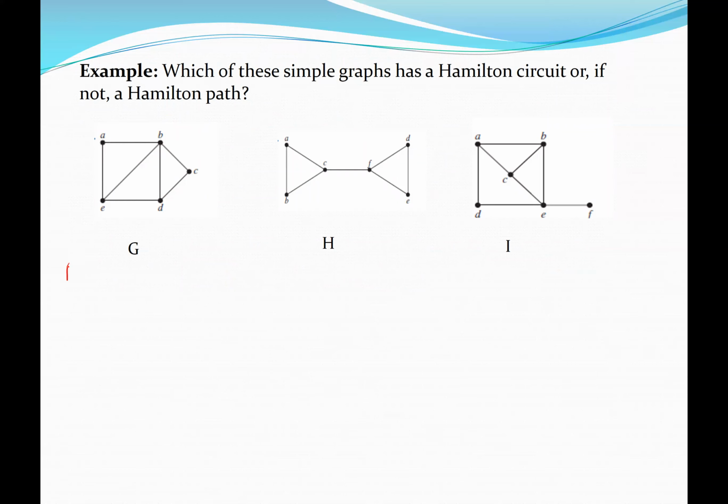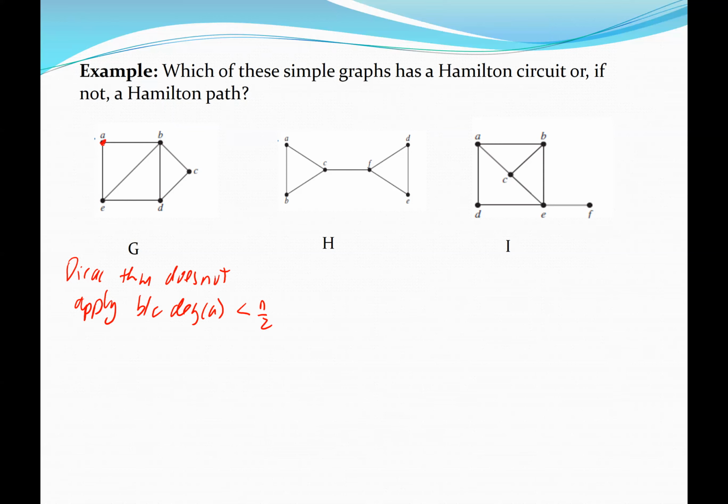So Dirac's theorem does not apply, all right, because degree of A is less than n over 2, okay? But can we still have a Hamilton circuit?